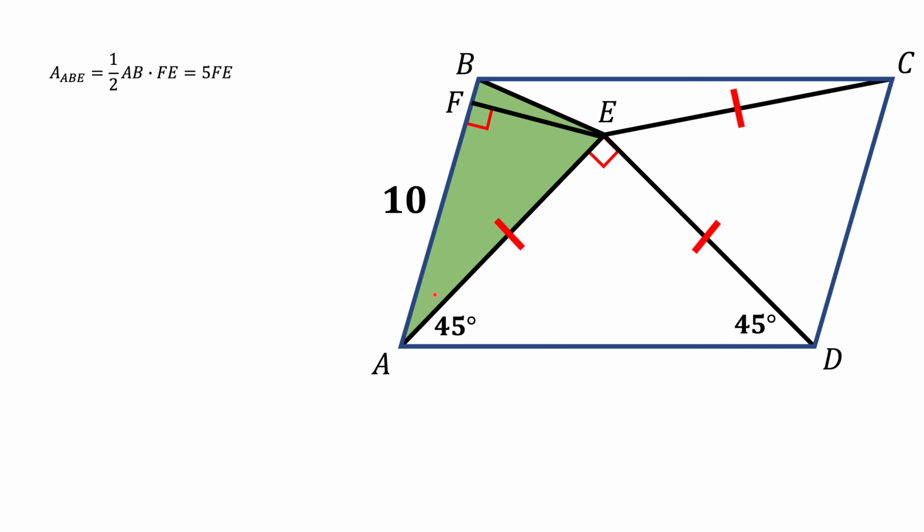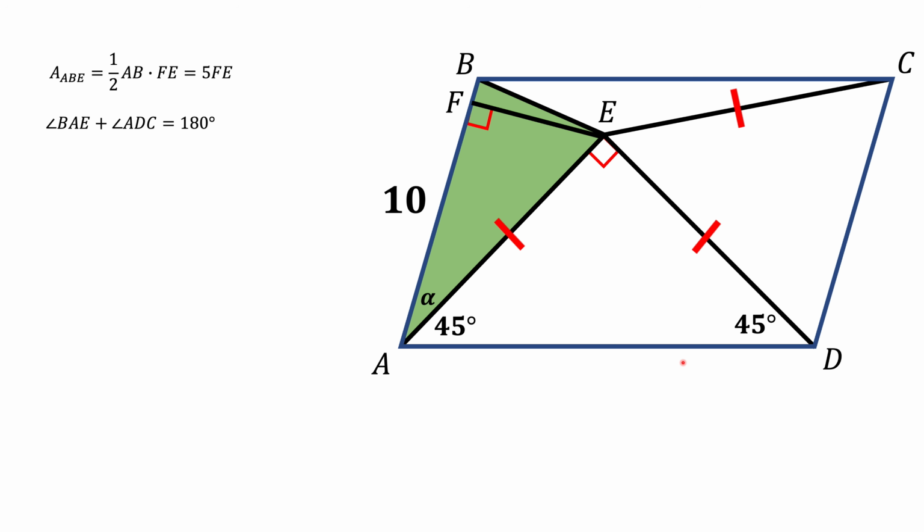Now let's call this green angle, the angle of the triangle BAE, alpha. And now let's look at this angle A and angle D in our parallelogram. Together they should give us 180 degrees, because those angles are same side interior angles for the parallel lines AB and CD.